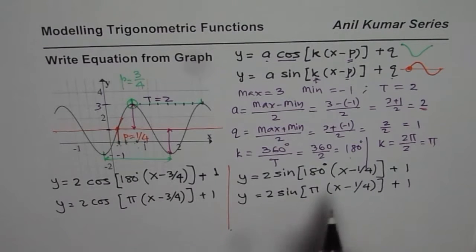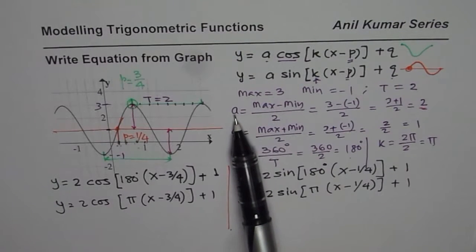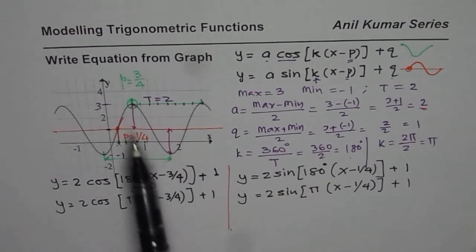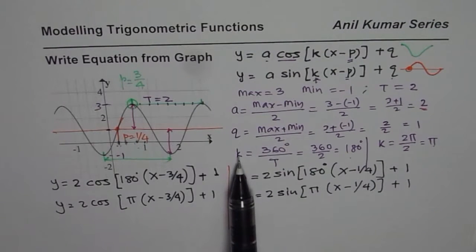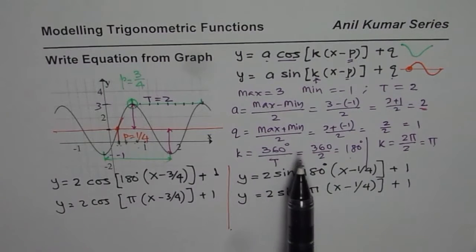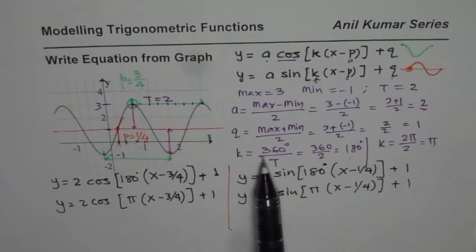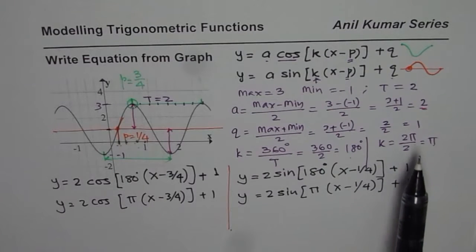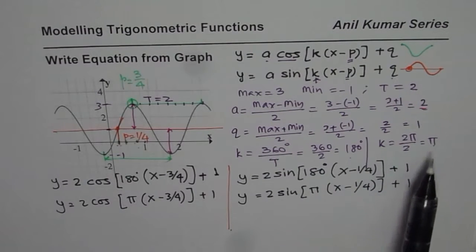Whether you're doing it in degrees or in radians, the concept is the same. Read the maximum and minimum values, find A, the amplitude, and Q, the axis. Then read the time period, find K, the number of cycles in one full circle, which will be 360 degrees in degrees and 2 pi in radians, one full circle, right?